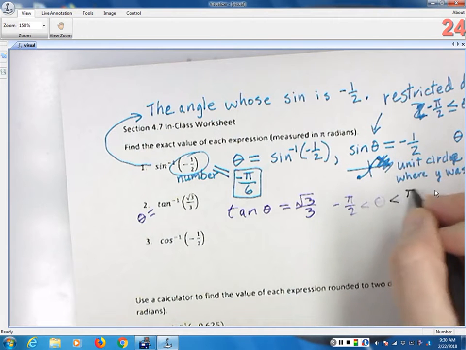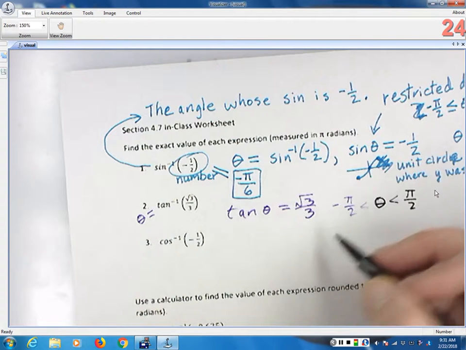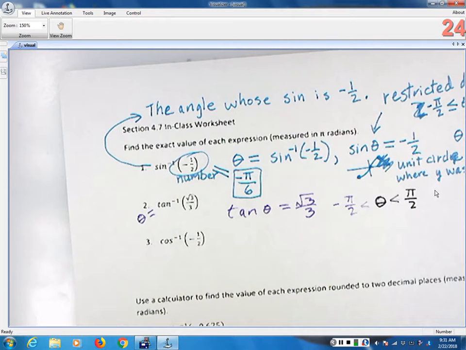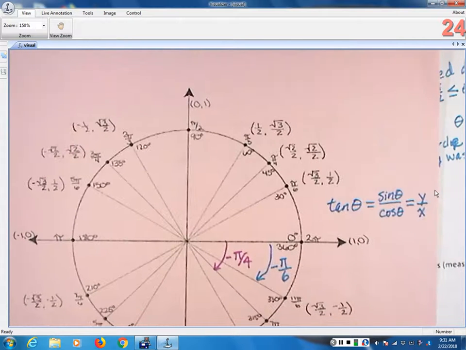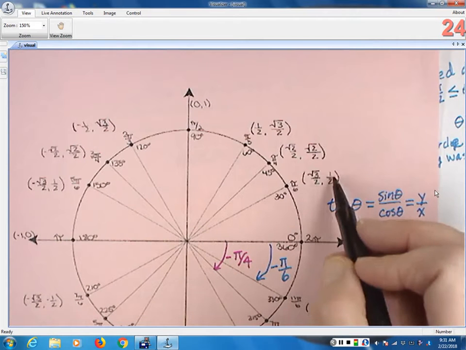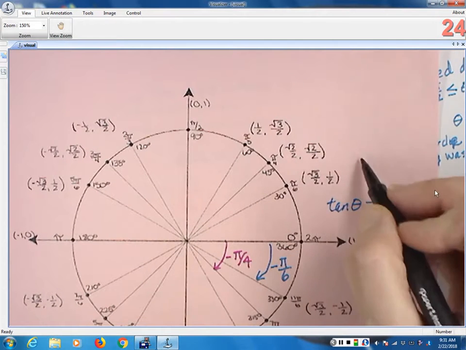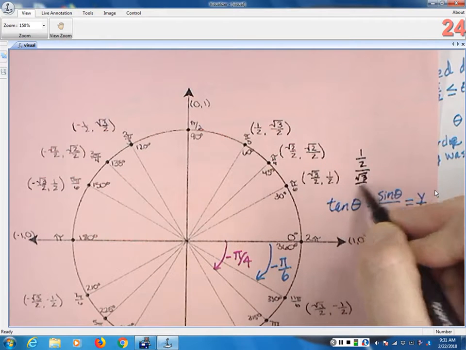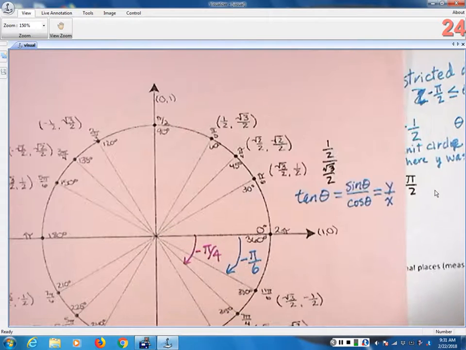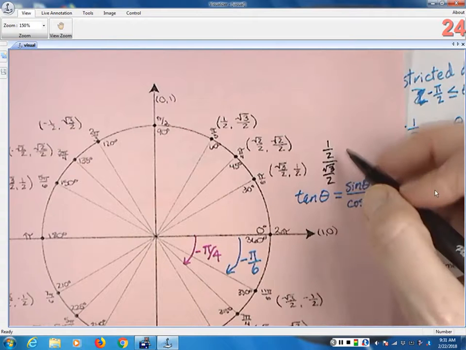This is a little trickier, but you look on the unit circle, and you put 1/2 over the square root of 3 over 2, and then you can flip the second fraction.